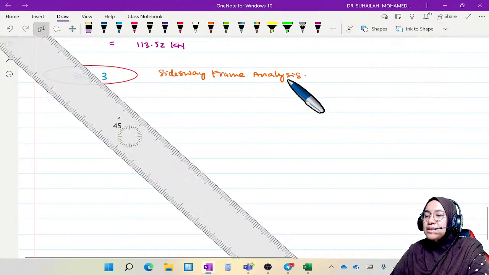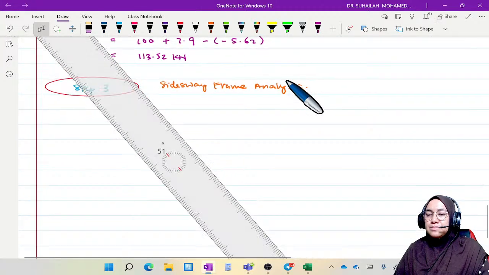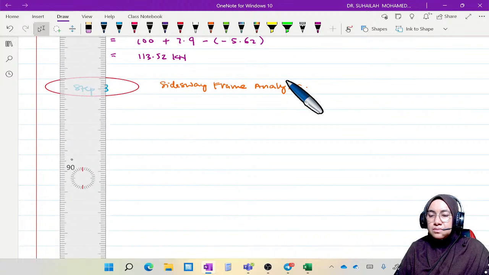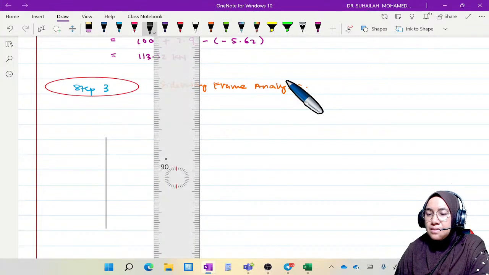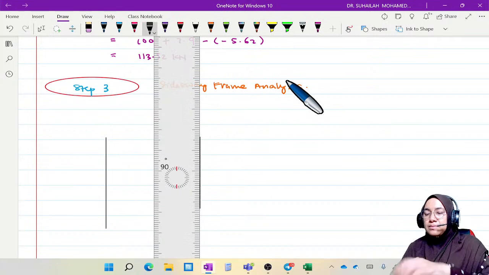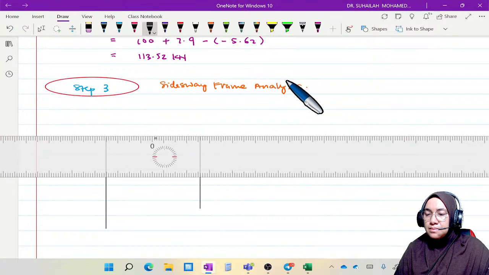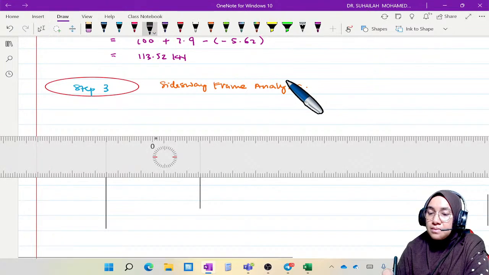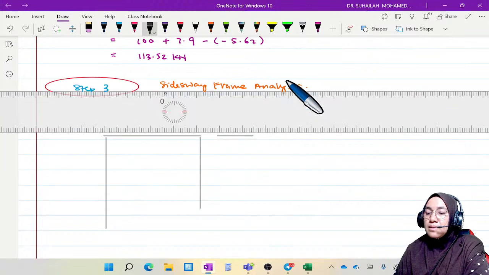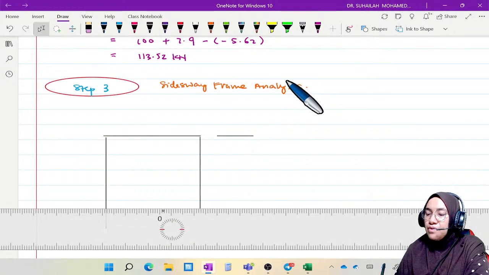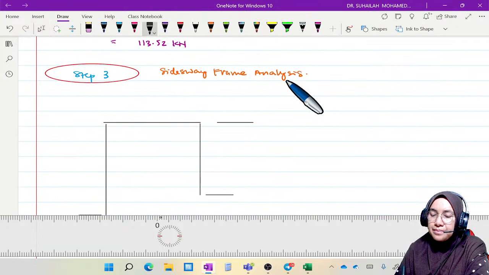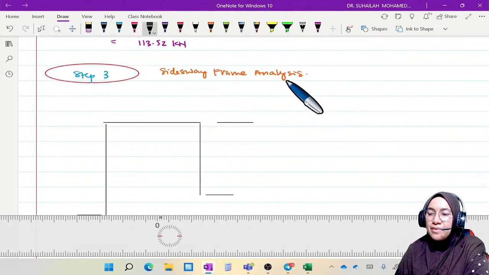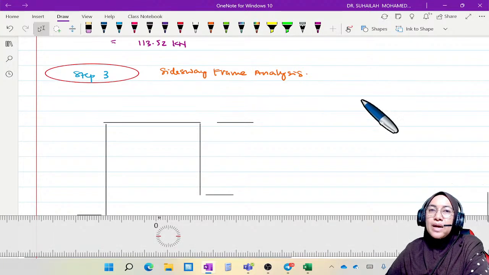So we have the diagram. Don't forget, we have to complete this free body diagram in order to write the shear equation.